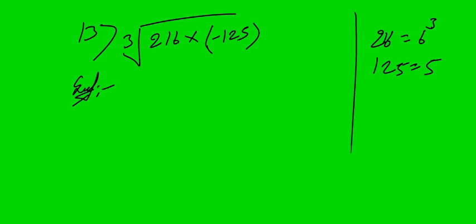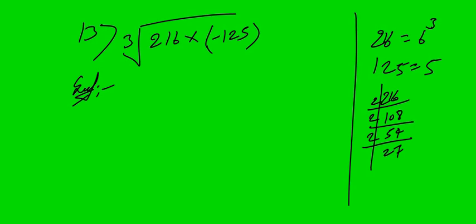If you are not aware of this, simply find the prime factors and you will get the solution. 216 divided by 2 is 108, again by 2 is 54, again by 2 is 27, then 3 gives 9, again 3 gives 3, and 3 gives 1.